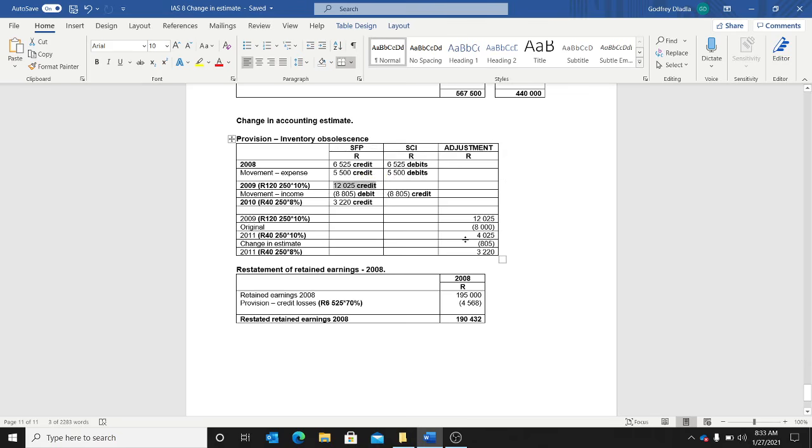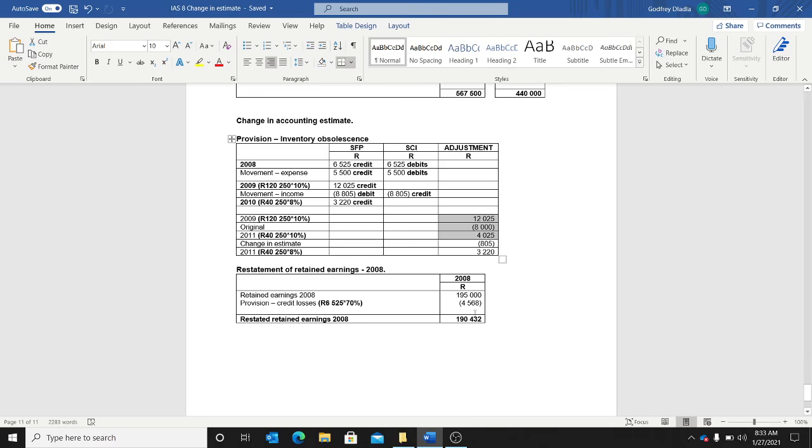If you take this amount and you don't multiply it by 8%, you keep it at the original 10%, it will give you this amount here at 10%. So if things were at 10%, this is what would have happened. Your movement is the 8,000 in the middle if things were at 10%.